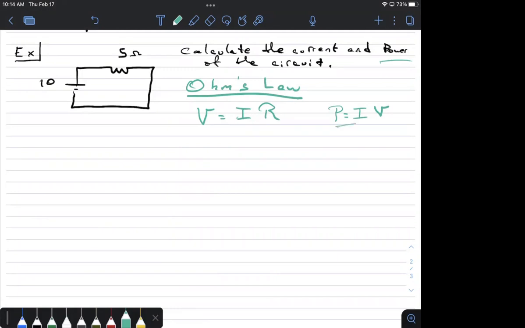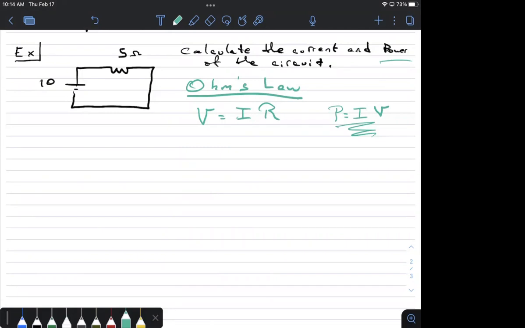Now, this particular relationship, you're going to see as you progress in many different forms. Because when you're analyzing circuits, you don't always have both of these pieces of information. You may not know the current and the voltage yet. Maybe you know the voltage and the resistance, but you don't know the current. You haven't solved it.